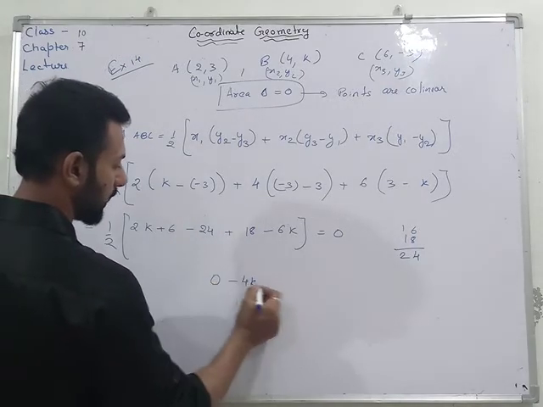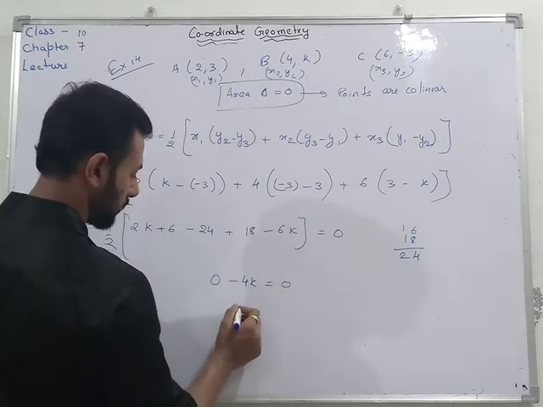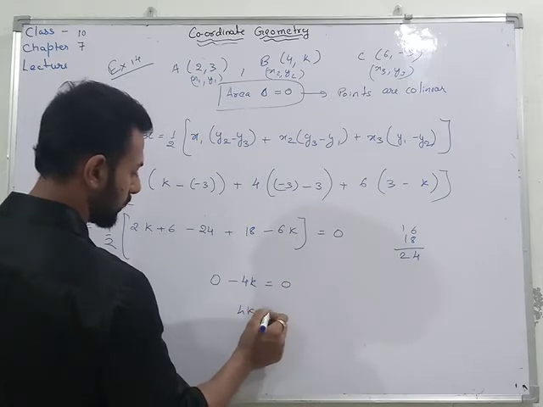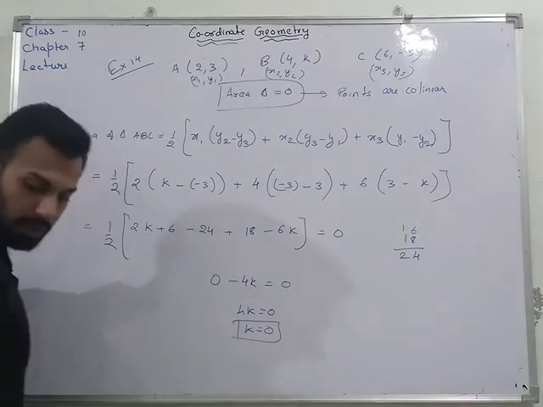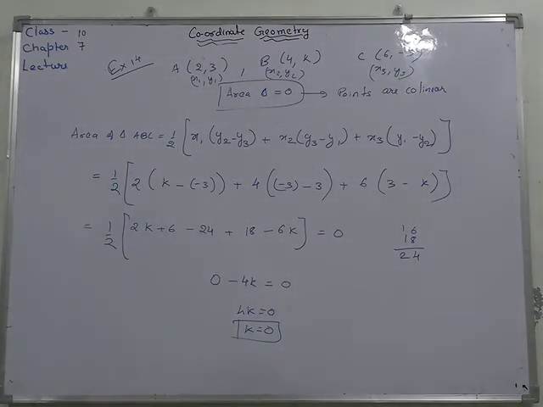We'll be getting 0, minus 4k is equal to 0. 4k is equal to 0, so k is equal to 0. So the required value of k is 0.